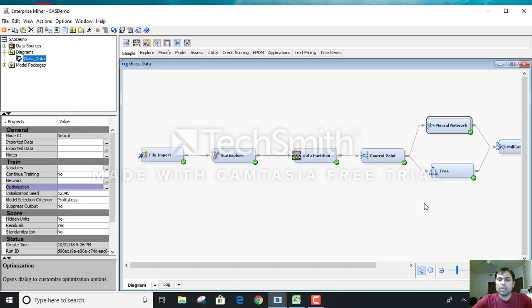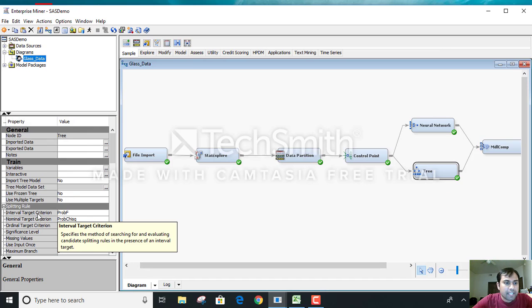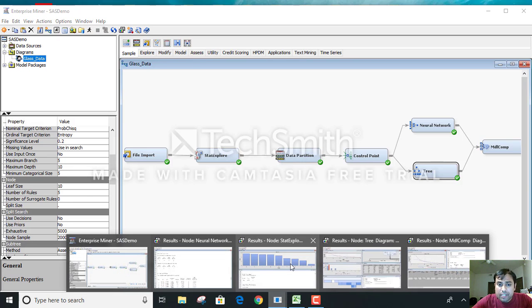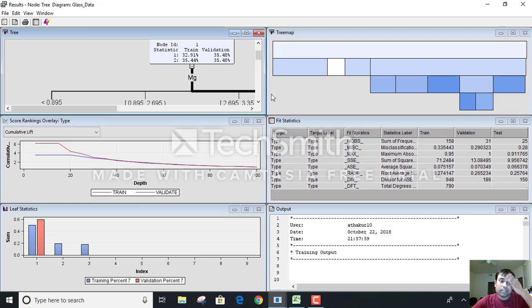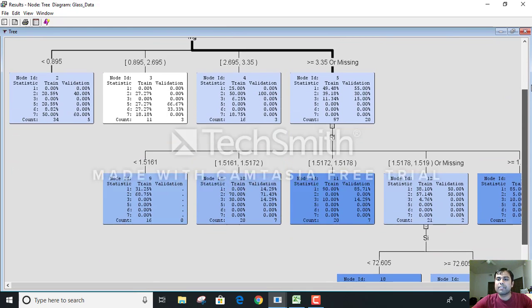Now the second algorithm we have implemented is the decision tree. As you can see here in the decision tree, I have set the splitting rule, with leaf size 5, 10, and over here 5. When we see the results of the decision tree, this is the decision tree created, in graphical representation.